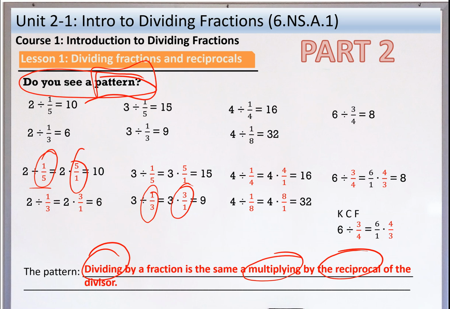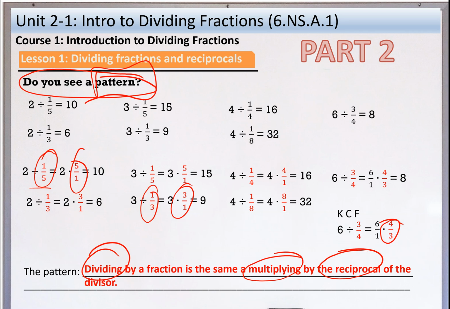Now, while that works and it's easy to remember, what they're really saying is multiply by the reciprocal of the divisor. And if you hear this and someone tells you this, I'm not saying it's wrong. I'm just saying that it's not quite mathematically correct to say that. Don't tell your teacher that.